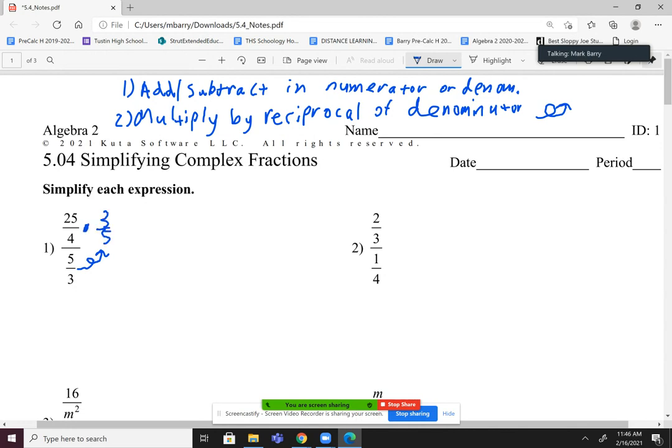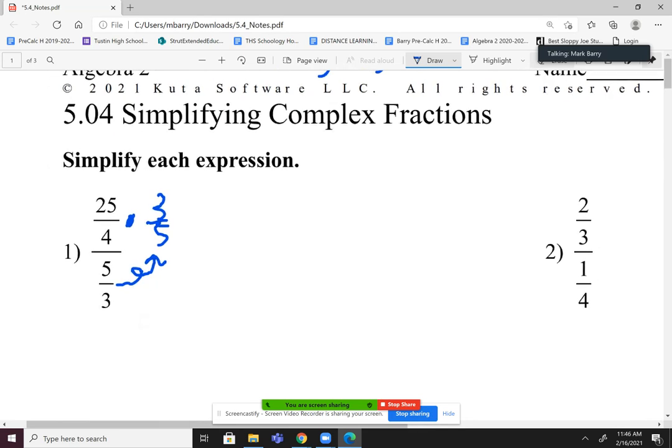So that's what I mean, the reciprocal. You flip that bottom fraction, so it's actually going to be multiplied by 3 over 5, okay? It makes sense because this big fraction in the middle is like division. It's like saying 25 over 4 divided by 5 over 3. So we learned that dividing fractions just means multiply by the reciprocal. So that's just what I'm going to do, okay?